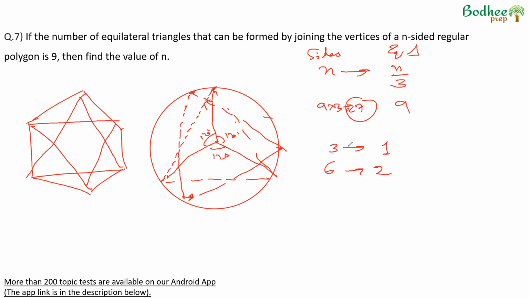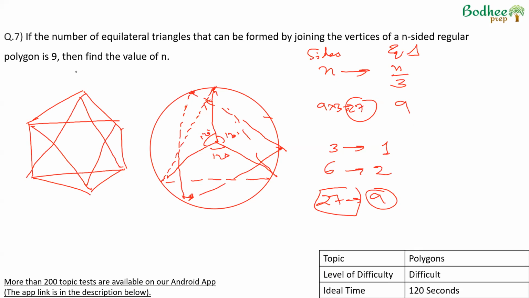So with a 6-sided polygon, 2 equilateral triangles are possible, and therefore with a 27-sided polygon, 9 equilateral triangles are possible. 27 becomes my answer. Going forward, this rule can be used directly, but unless we know this rule, this would be a difficult question to solve.